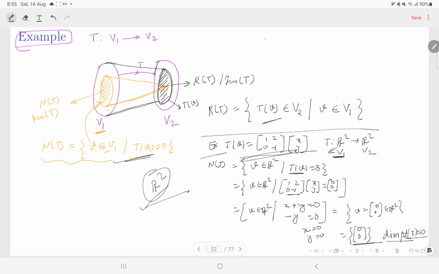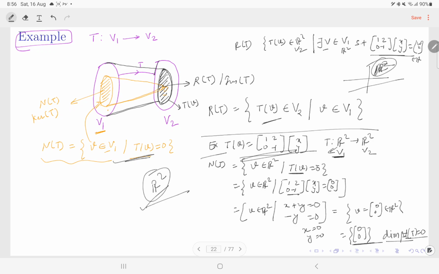We are looking for RT, a vector in R2, this is your V2 space, such that there exists V in vector space V1, which is your R2, such that this transformation 1, 2, 0, minus 1, times xy equals some, let's say, TV is nothing but let's say WZ, which is again R2 space. When you solve this, you will get the complete R2 space, xy. Hence the dimension will be 2 for RT.